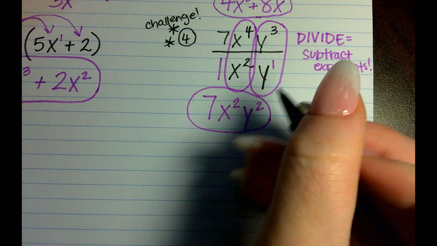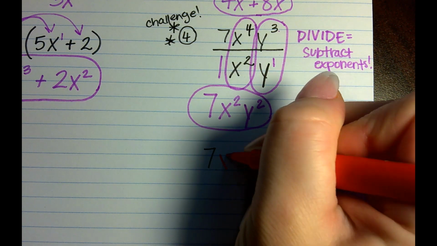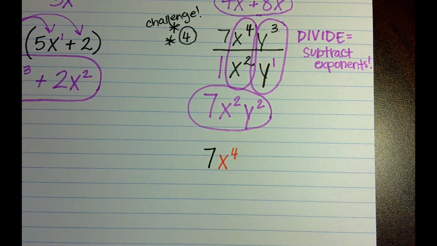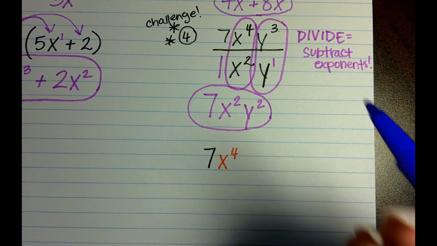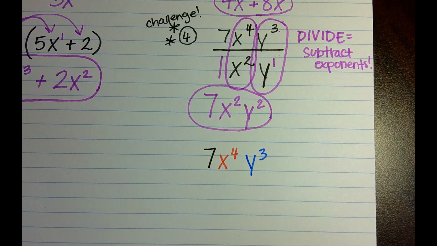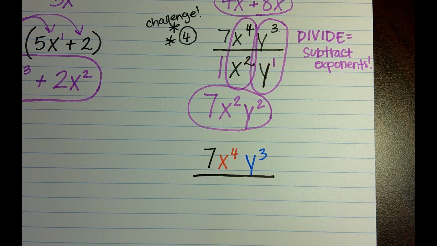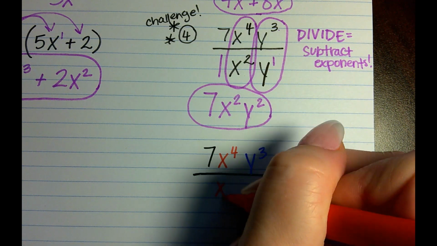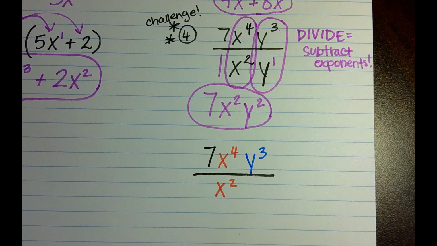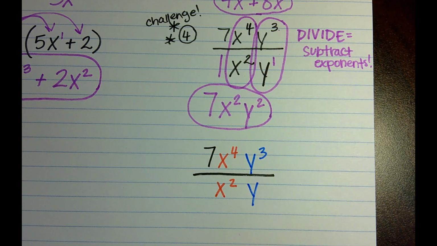So I'm going to rewrite that as 7 x to the fourth y to the third over x to the second y to the first power.